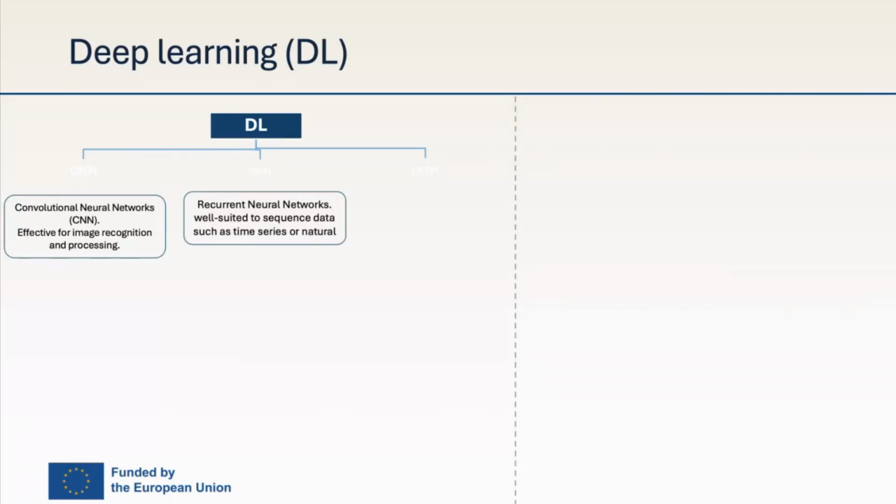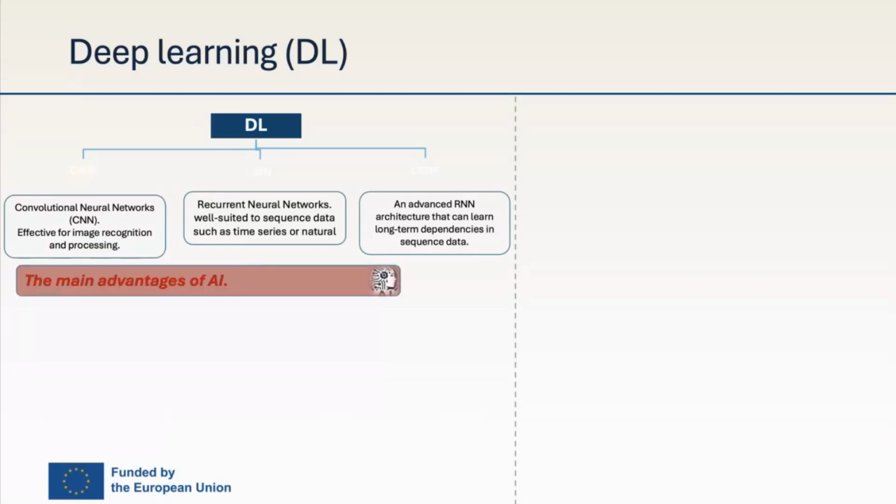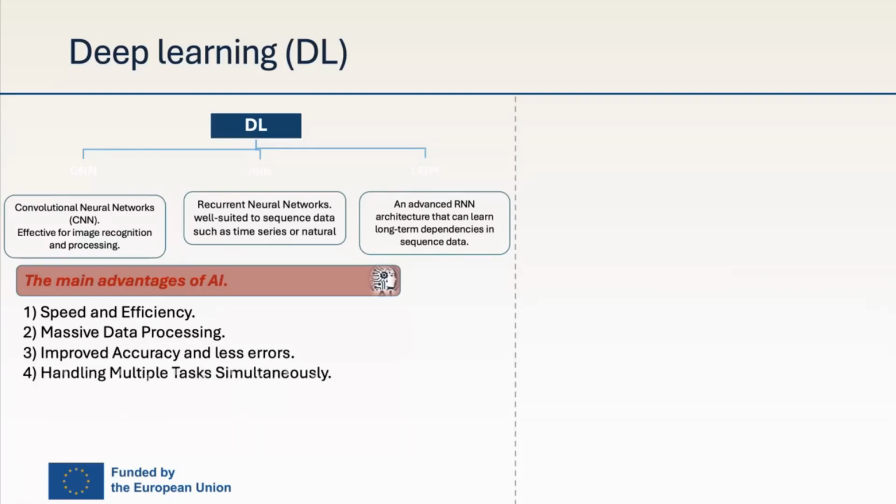We also have the recurrent neural network, which is considered suitable to deal with time series data, and the LSTM, which is considered more advanced for dealing with time series data. The main advantage of applying AI in many methods is that it is fast and efficient, it can deal with a massive amount of data, and it is more accurate with fewer errors.